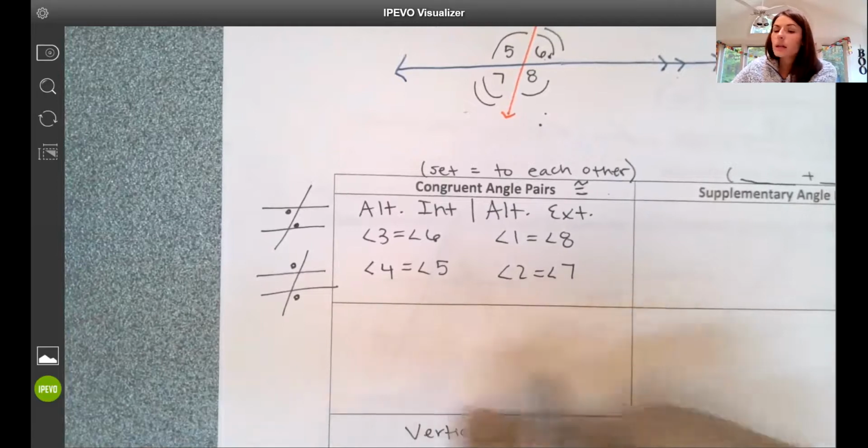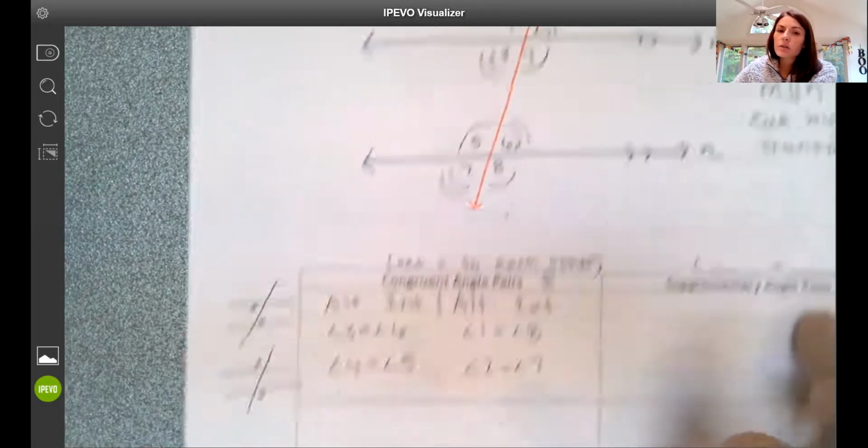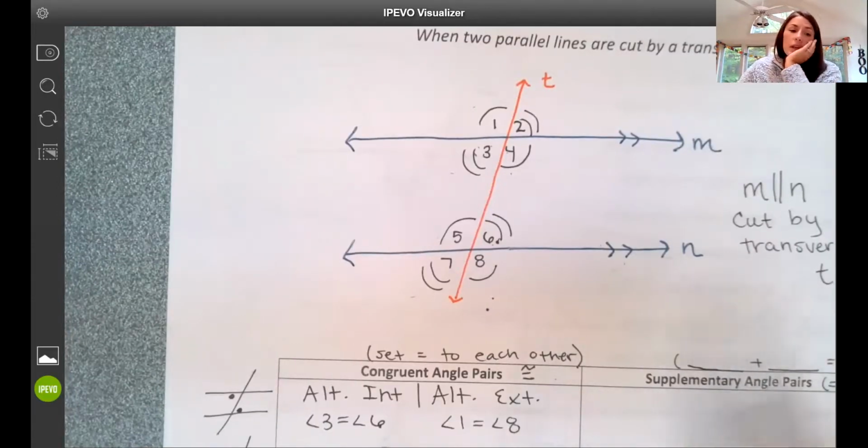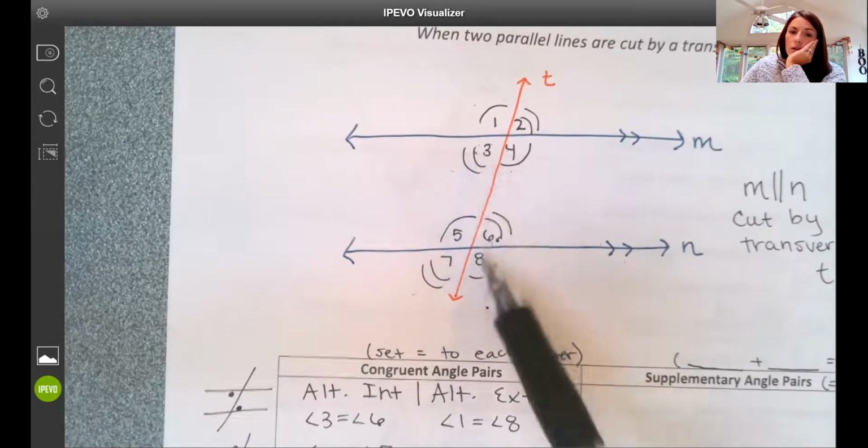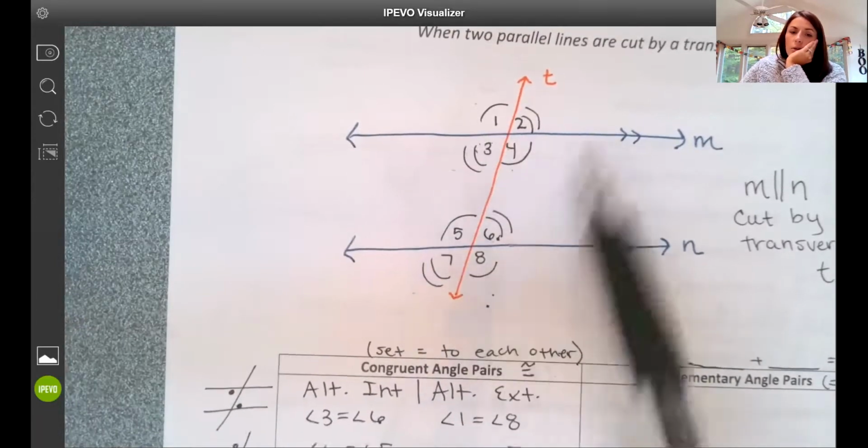There's another box here for congruent angle pairs. So looking at my diagram, this tells us what's congruent, so we can see our alternates are.